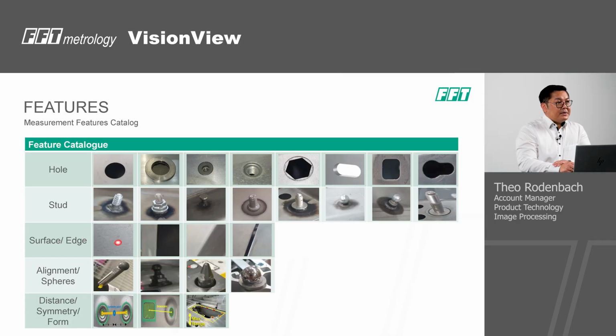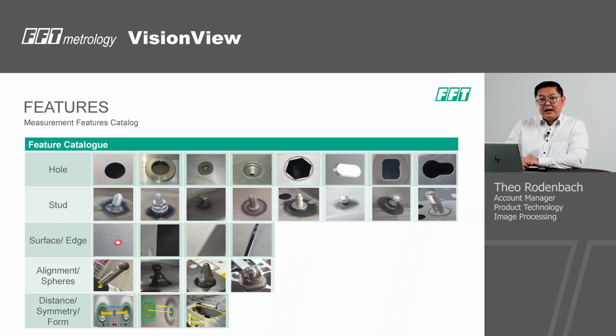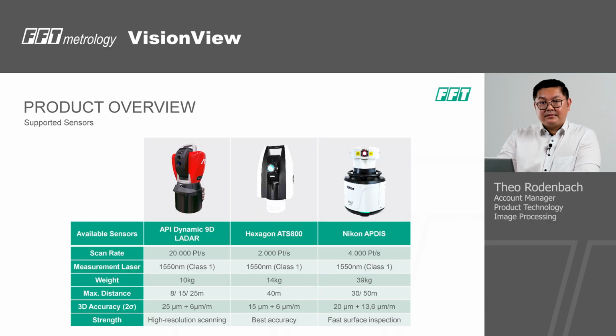The most common measurement tasks with VisionView are measuring a variety of holes, studs, bolts, surface points and edges. Spheres, pins and other alignment features are also supported. Mathematical operations round off the range of functions, enabling the software to calculate distances, symmetry points and basic shape deviations.